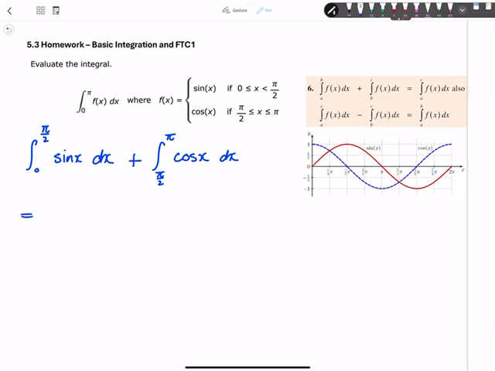So let's integrate. The integral of sine of x is equal to negative cosine of x. And we are going to evaluate from 0 to pi halves. All right, I'll kind of put these in parentheses. Plus, and the second component here, the integral of cosine of x, of course, is equal to sine of x. And we're going to evaluate from pi halves to pi.